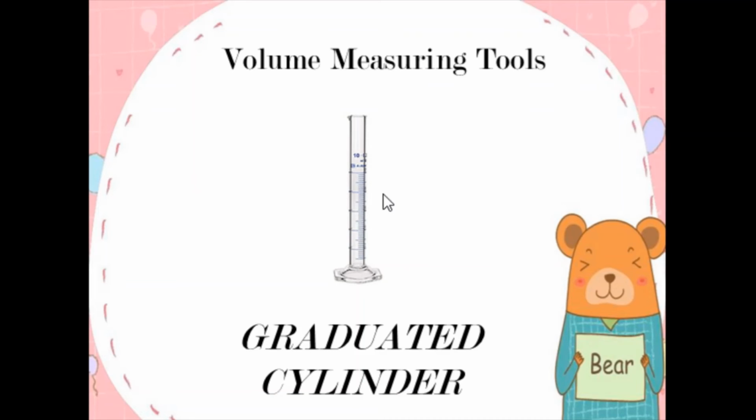Usually, graduated cylinders are used by scientists, chemists, those who are measuring chemicals or medicine. They use a graduated cylinder, for example, for 5 milliliters of concentrated vinegar or 5 milliliters of soy sauce.